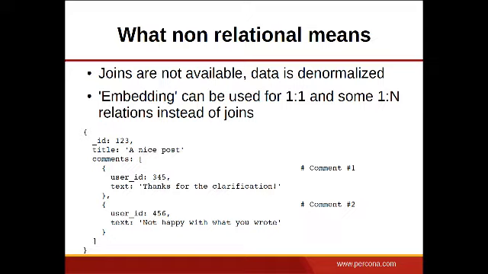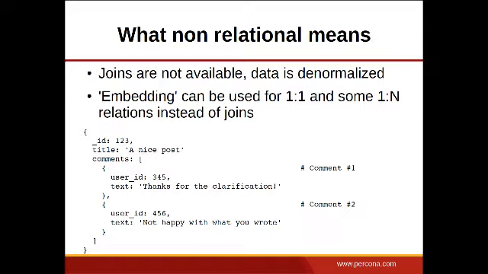With MongoDB, we don't have any join, so we have to think differently. So what we can do is for a given post, we can embed all the comments inside the post document. So here we have a post underscore ID equals something, the title, and then we have a list of comments.